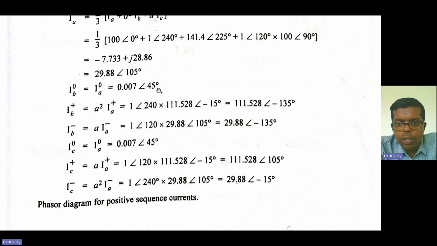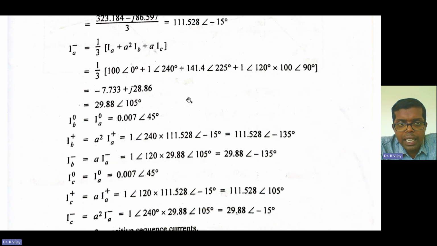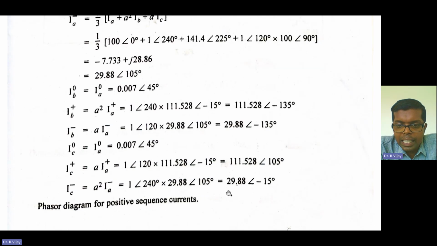Here, for verifying the results, it is very clear that all these magnitudes should be the same and only the phase angle deviates. You observe IA negative is equal to 29.88, IB negative is also 29.88, IC negative is also 29.88. Only the phase angle changes here.